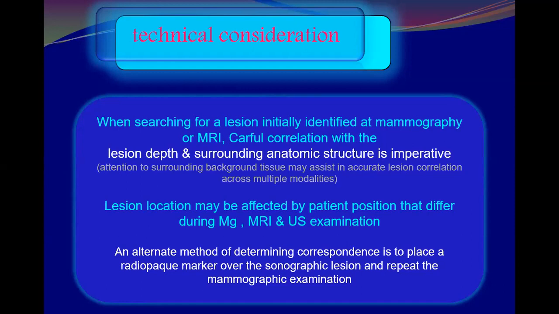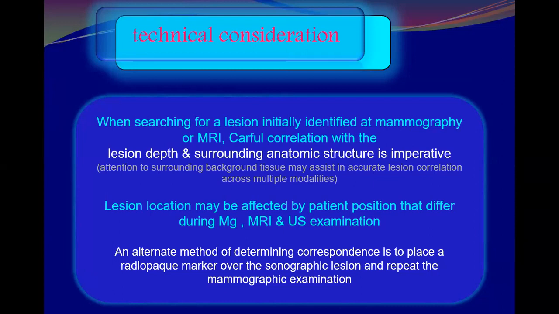If the lesion is surrounded by fat, I expect it to be surrounded by fat. If embedded within fibroglandular tissue, I expect to see it in the other, because some rotations from one modality to another occur, and you don't always expect to find it.